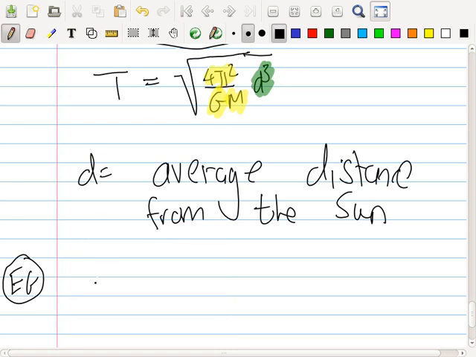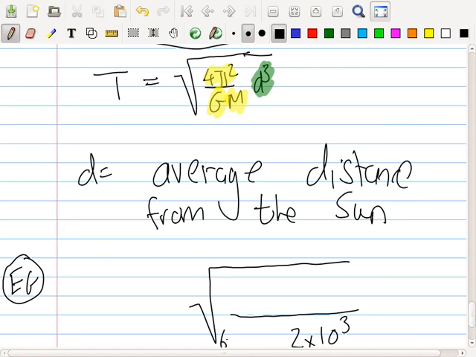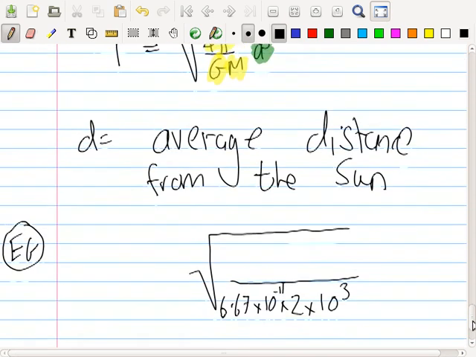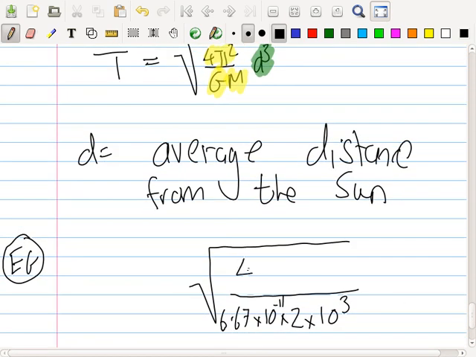Yeah, so m equals, let me write the formula in. 2 times 10 to the 30, yes? And the G is 6.67 times 10 to the minus 11. All right? And then you have 4 times pi squared with the d cubed.